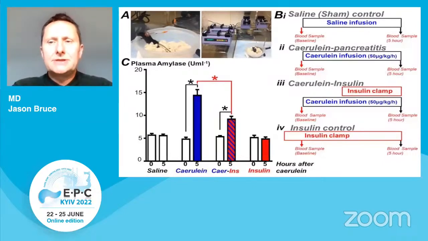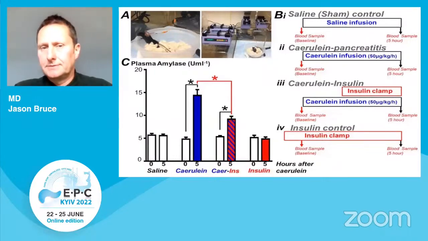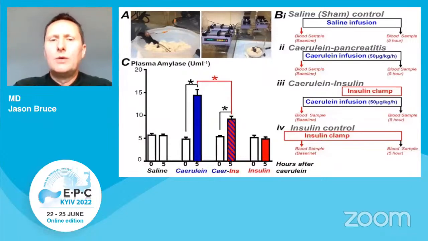Whether this will translate to critically ill patients with severe acute pancreatitis that are already metabolically compromised is somewhat contentious and debatable. However, what it does do is open up the possibility of developing insulin mimetic drugs that will mimic some of the downstream signaling pathways and mechanisms that I've shown previously.